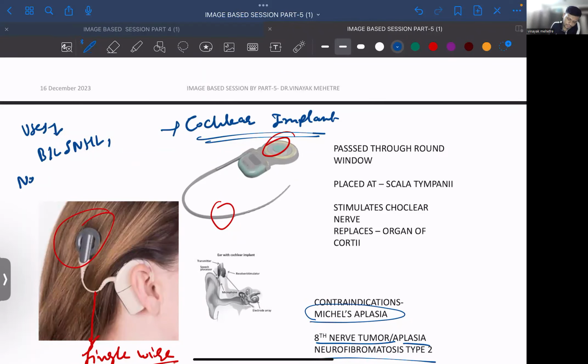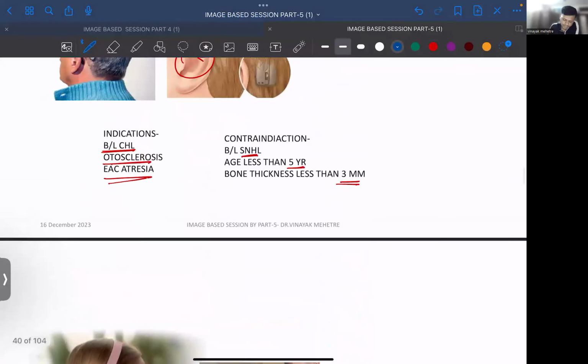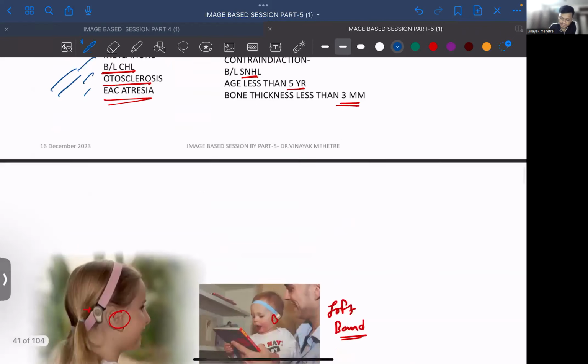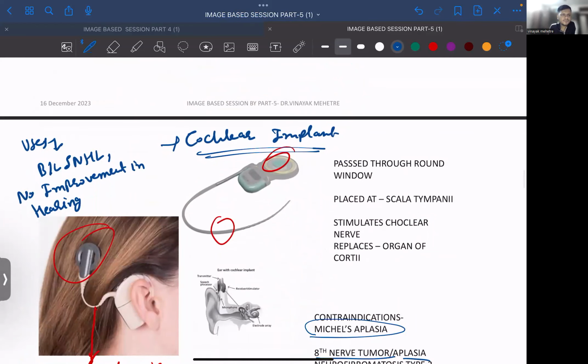No improvement in hearing even after putting BAHA, bone anchored hearing aids. ये इंडिकेशन थे BAHA के. Okay, but there is no improvement. Improvement ही नहीं हो रहा है. That means problem यहाँ पर तो था, लेकिन now problem has started in the inner ear. So of course we will give cochlear implant.